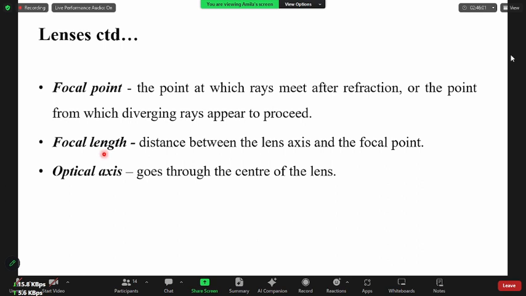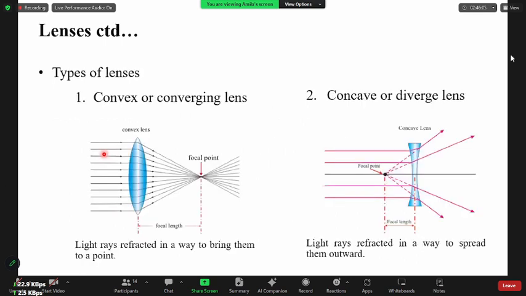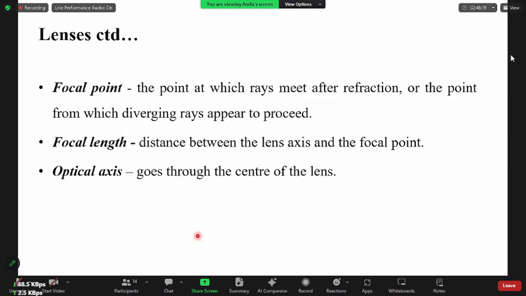It is the distance between the lens axis and the focal point. What is the lens axis? This one, the lens axis. So the distance between the lens axis and the focal point we call the focal length.